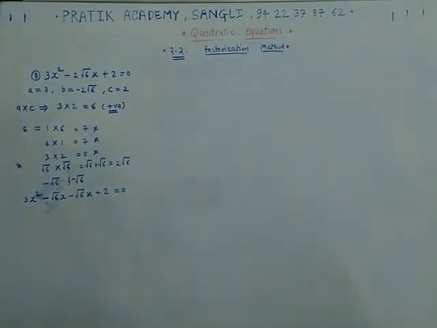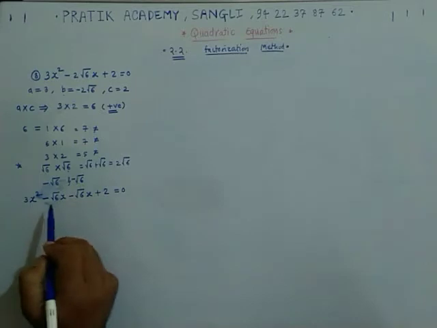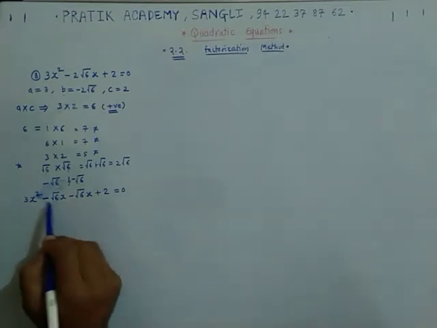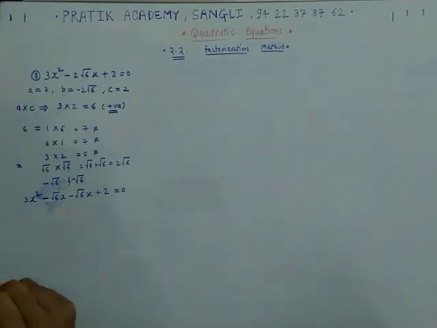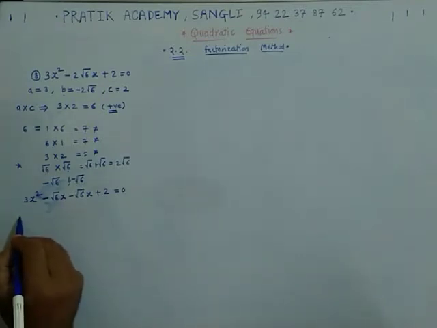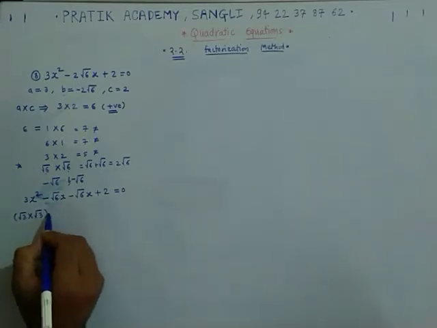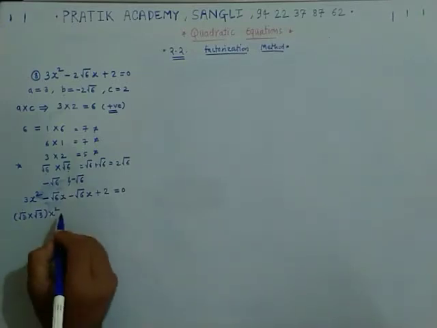Now there is one important step. If you look at this equation, initially there is no similarity or common term between 3, root 6 and 2. Then I will arrange 3 such that I can write 3 as the product of root 3 into root 3, because root 3 into root 3 is 3.